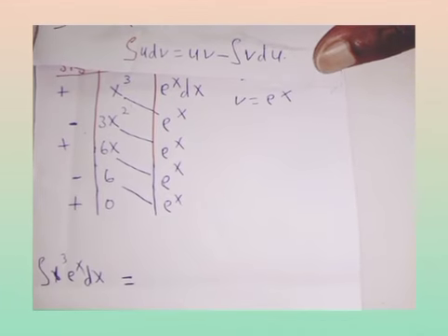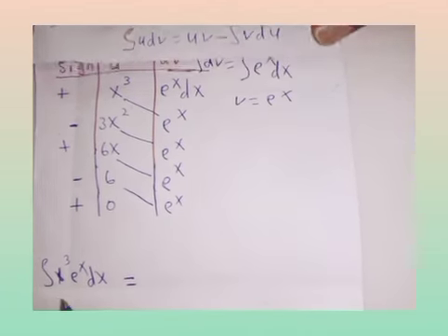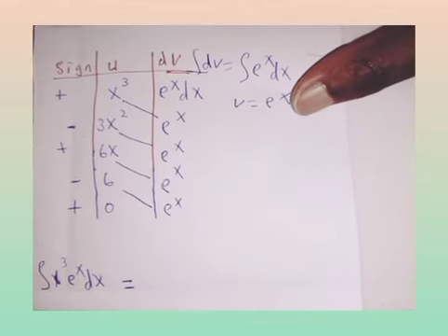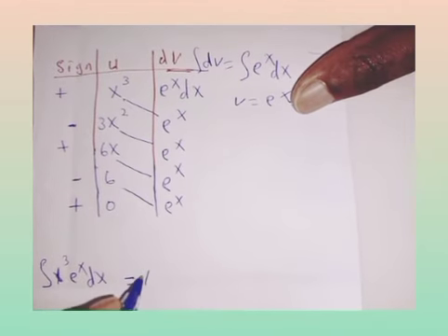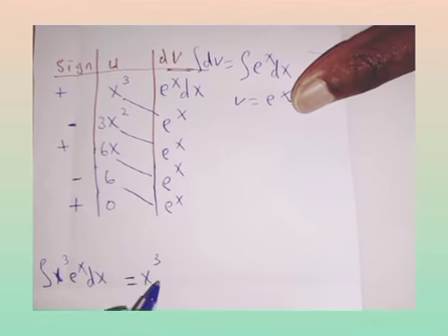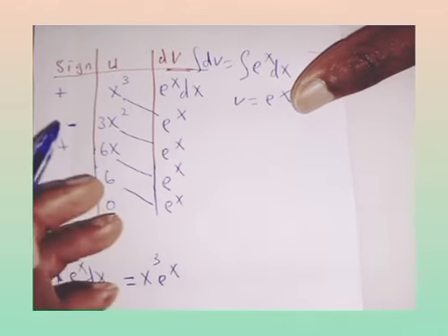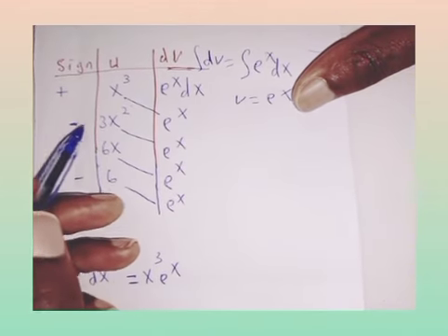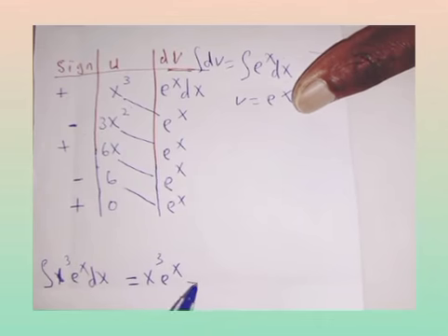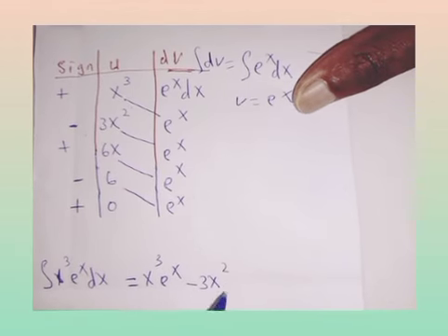As you take into consideration the signs, here we are going to have x cubic exponential x. The second one will be negative 3x squared exponential x.